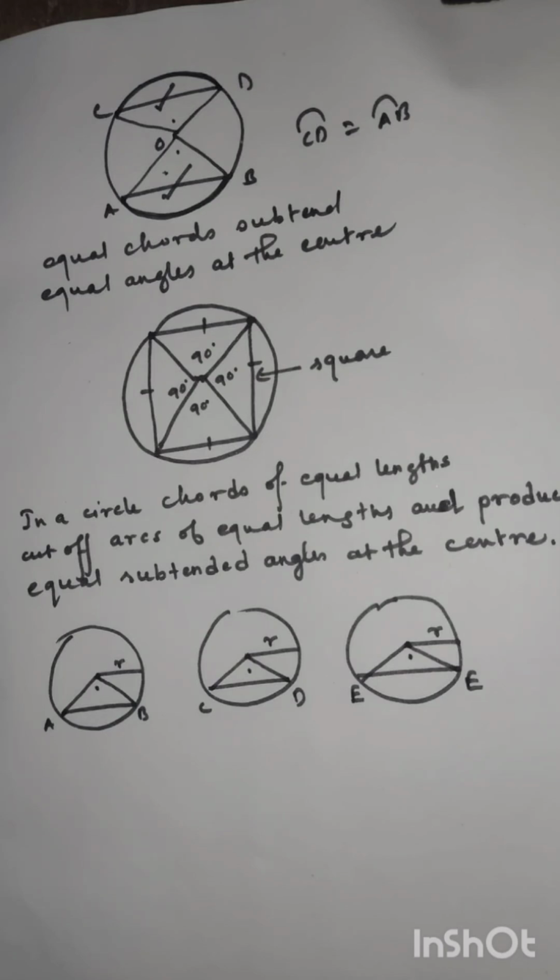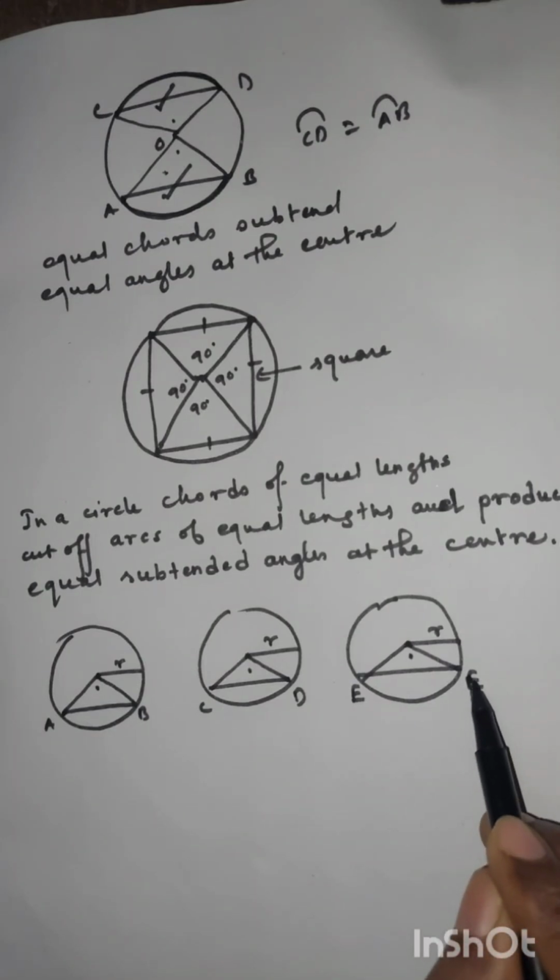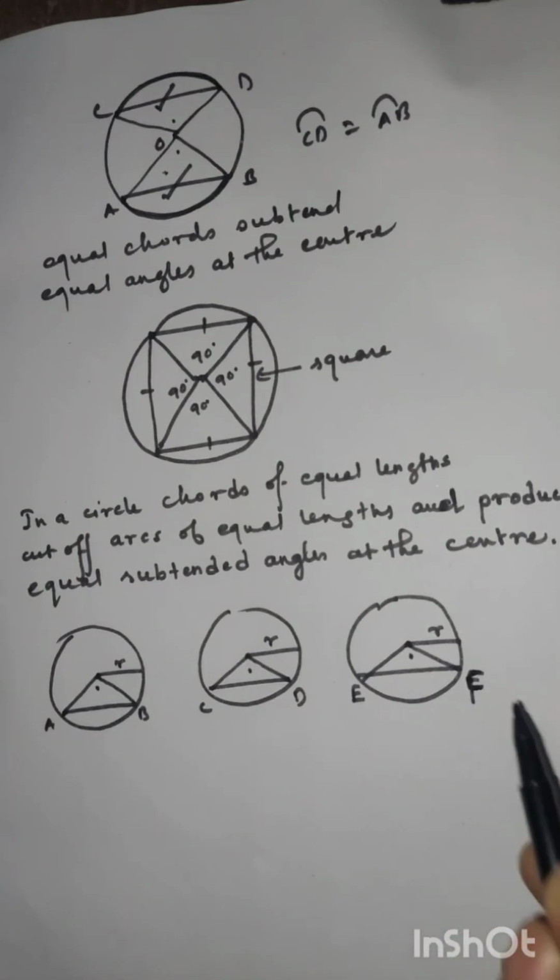Now if we take three chords AB, CD and EF which subtend equal angles at the center, then we can say these chords are also equal.